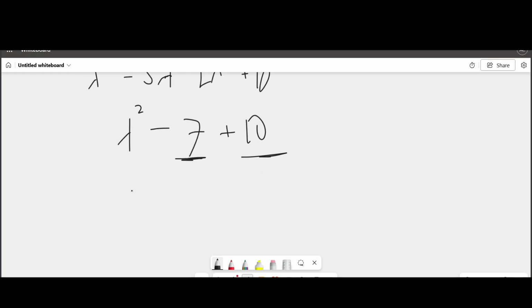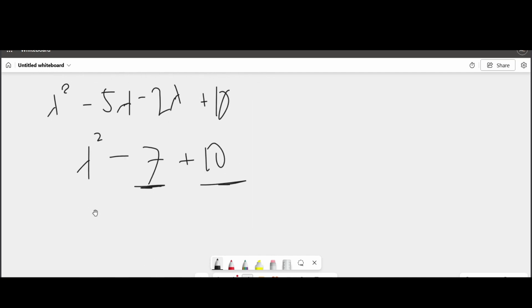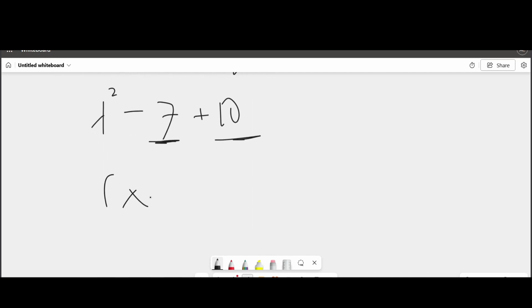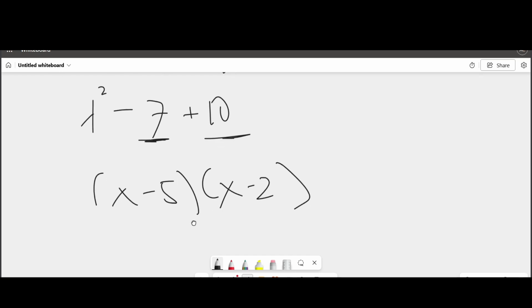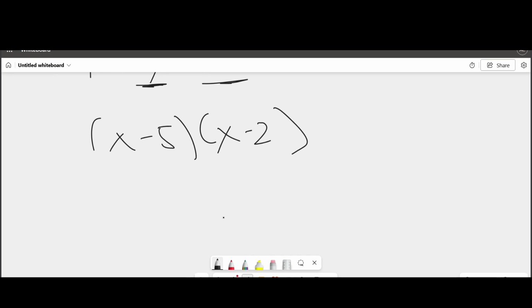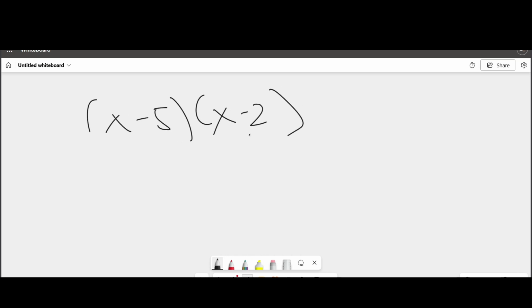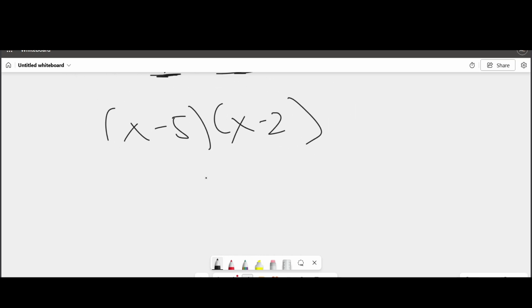Our factors would be, I believe, negative 5 and negative 2. So you just have to set these to 0.